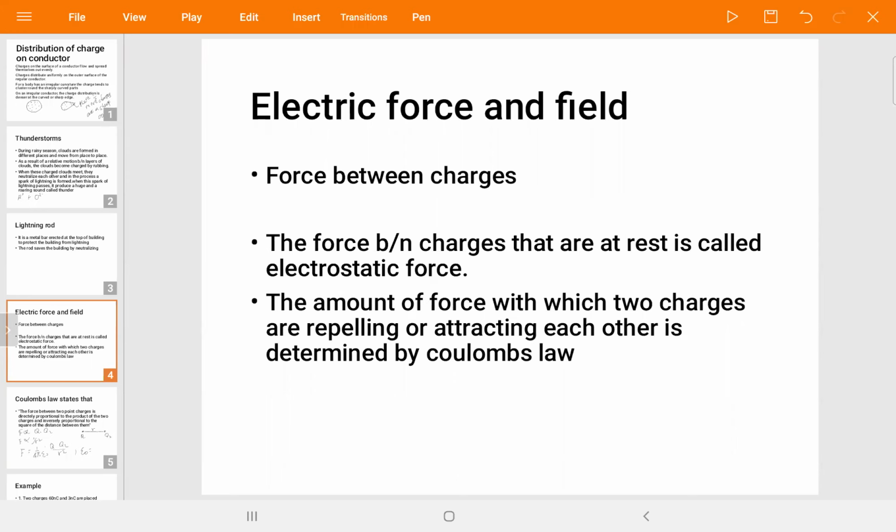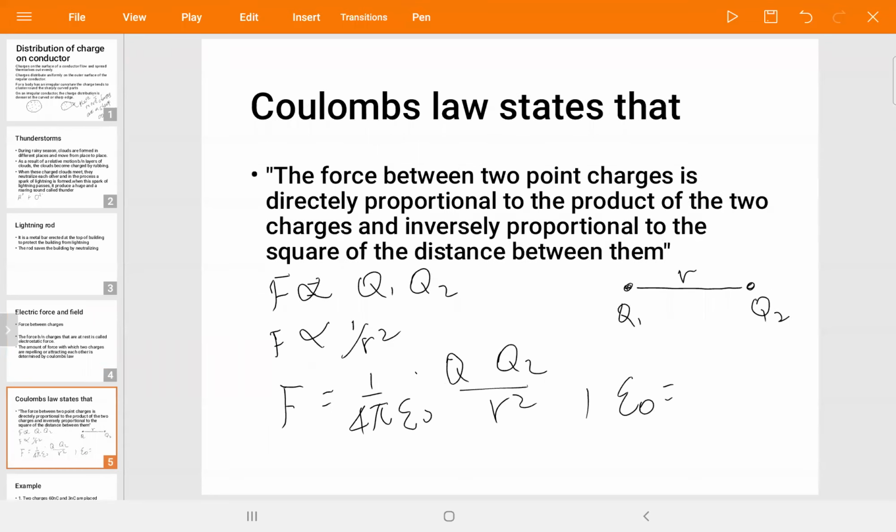And it says there is a force between two point charges, and the magnitude of the force is directly proportional to the product of the two charges and inversely proportional to the square of the distance between them.